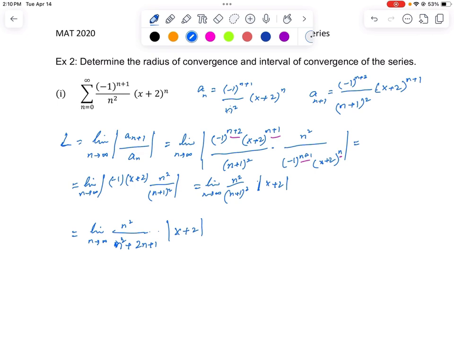But this limit is 1. So we end up getting the absolute value of x plus 2. This is what we are left with.